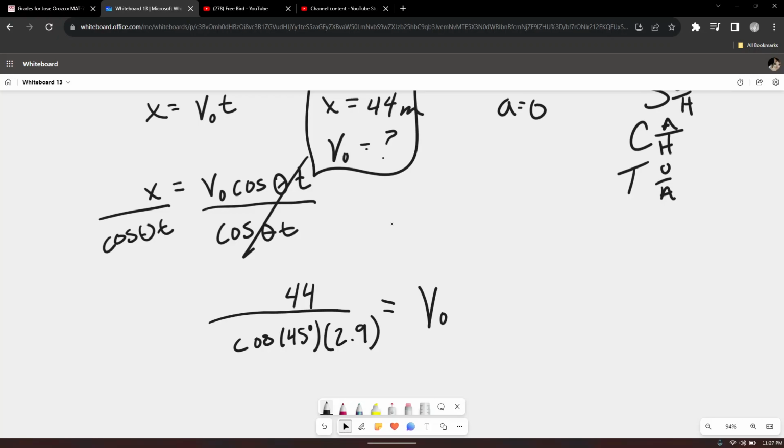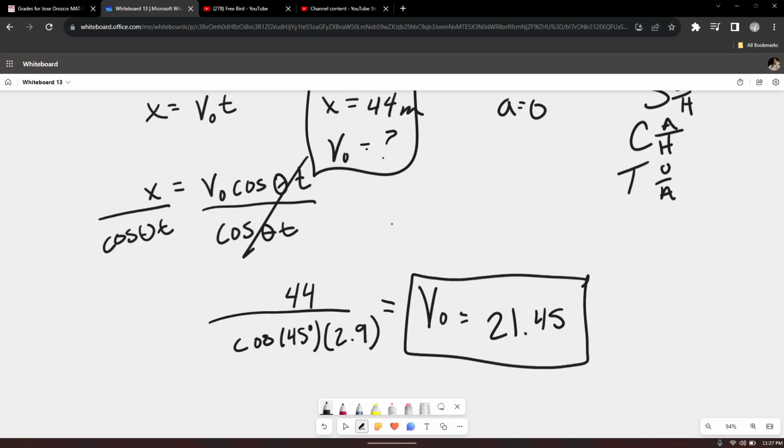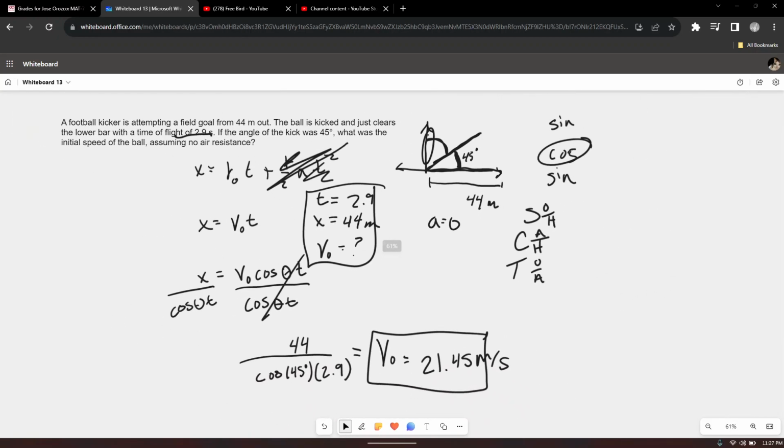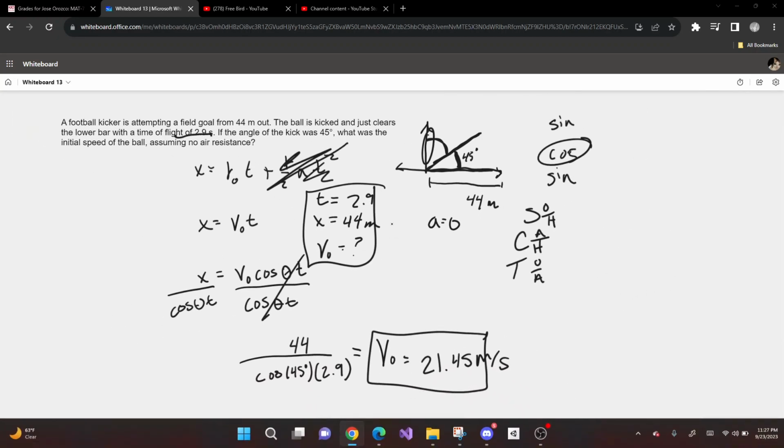And that should get us 21.45, which gives us an initial speed of 21.45 meters per second. Sorry, not squared, that would be acceleration. We're looking for velocity here. There you go. And that gives you the complete response to that question. Hope this video helped you guys out, and thanks for watching.